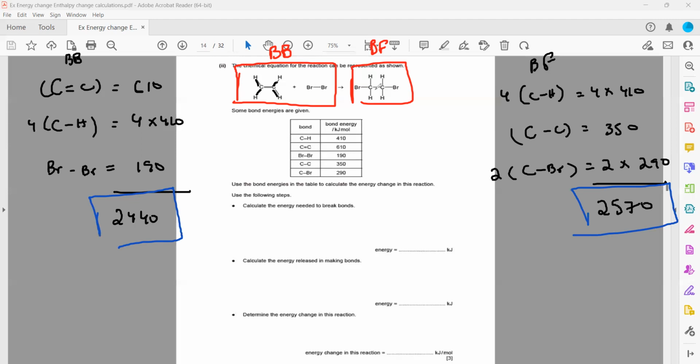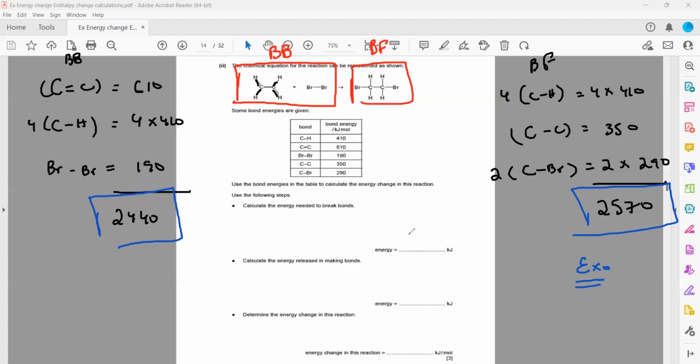Whenever a chemical reaction occurs, some of the energy is absorbed, some energy is released. We check which is more. For this one, the bond forming energy is more. That's why overall it will be exothermic. If the bond forming is more, overall exothermic. If bond breaking is more, overall it will be endothermic.